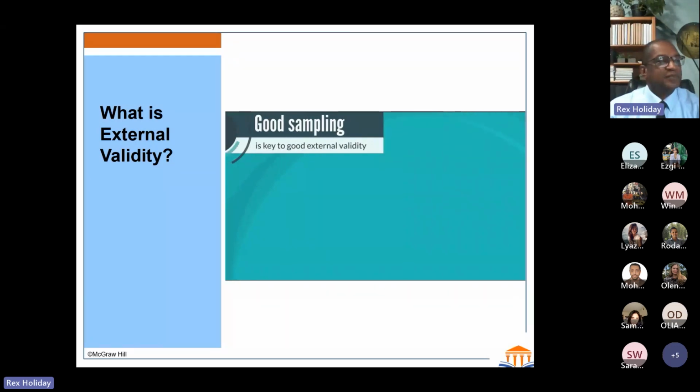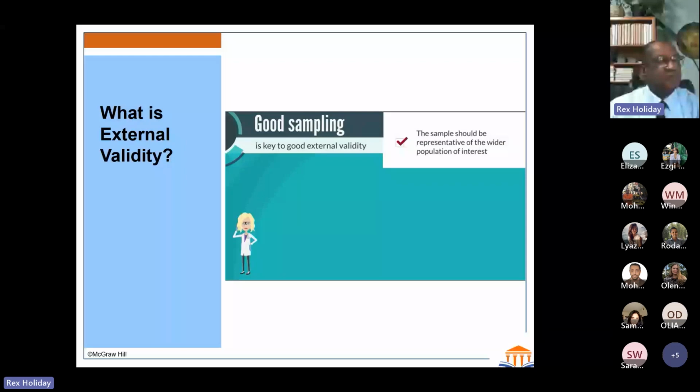Here are some features of strong sampling in studies. Firstly, you should ensure a sample is representative of a wider population, or at least the population you want to generalize to. For example, let's say someone is conducting a phase 1 clinical trial to examine the safety of a new drug.